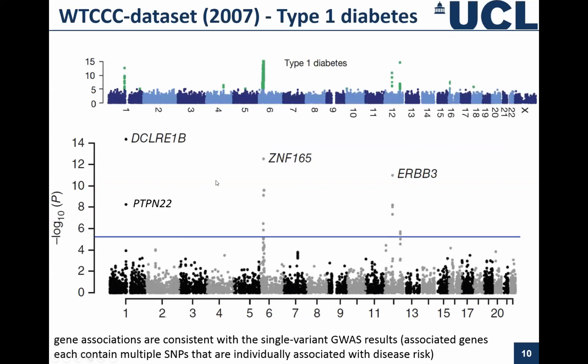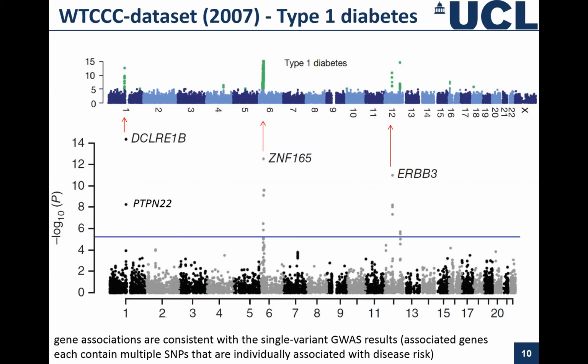And you can see at first sight that the gene associations are consistent with single variant GWAS results, with obviously the only difference that we do have a direct candidate or several candidates for these associated loci.